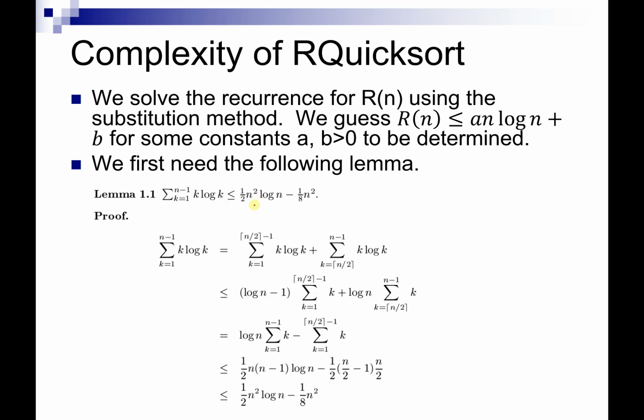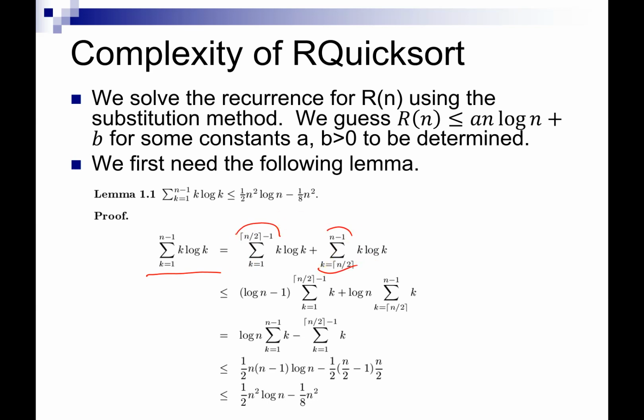Basically, this is going to come out to something like 1/2 n squared times log n, minus this other term. And I'm not going to go through all of this algebra here. You can check it yourself. But the idea is that we take this sum, which has n minus 1 terms, and we split it into two halves, the lower half, up to this point, and then the upper half.